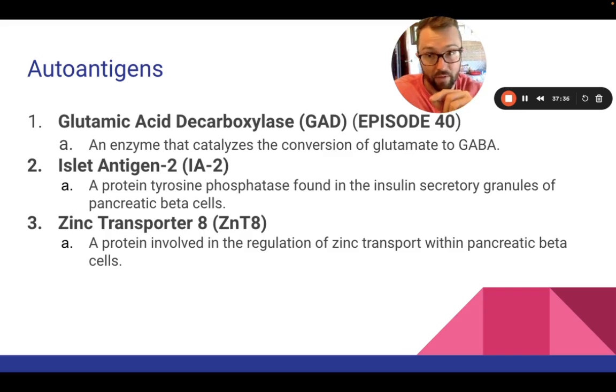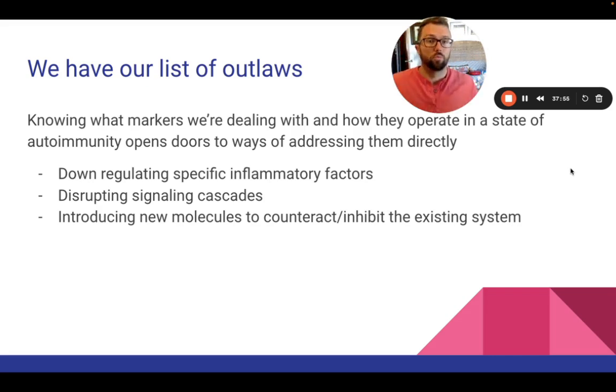So if we don't have an effective zinc transporter 8, we aren't equipped to properly signal for insulin's release. And that's why these three are all part of the autoantibody tests in those developing type 1 diabetes. So that's pretty much it. Those are the all-stars of the development of type 1.